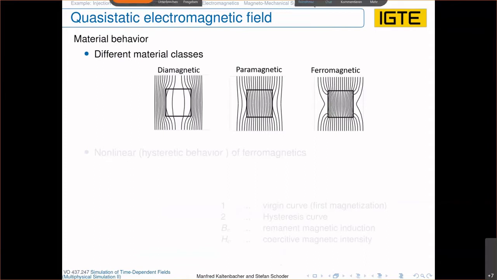And as shown here, in this case, diamagnetic materials have a relative magnetic permeability smaller than 1, which means the magnetic field will try to go around this material.